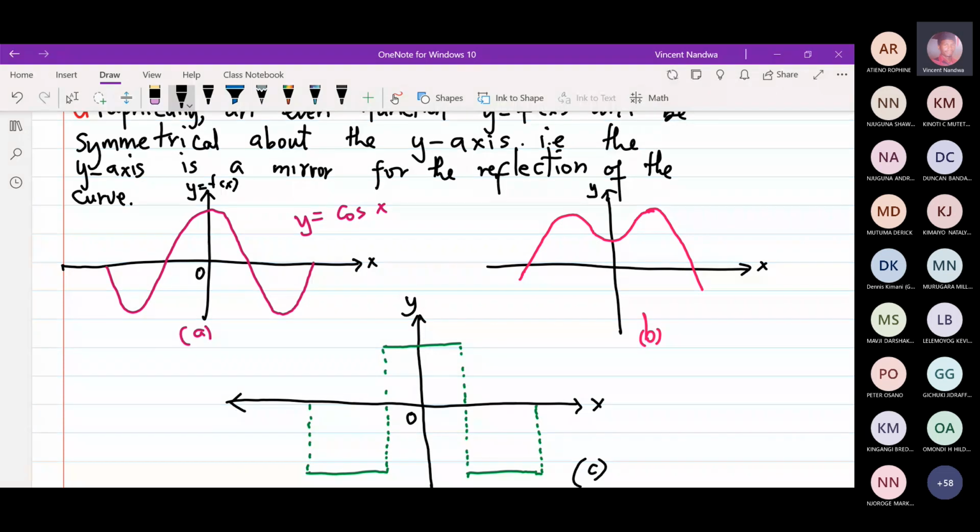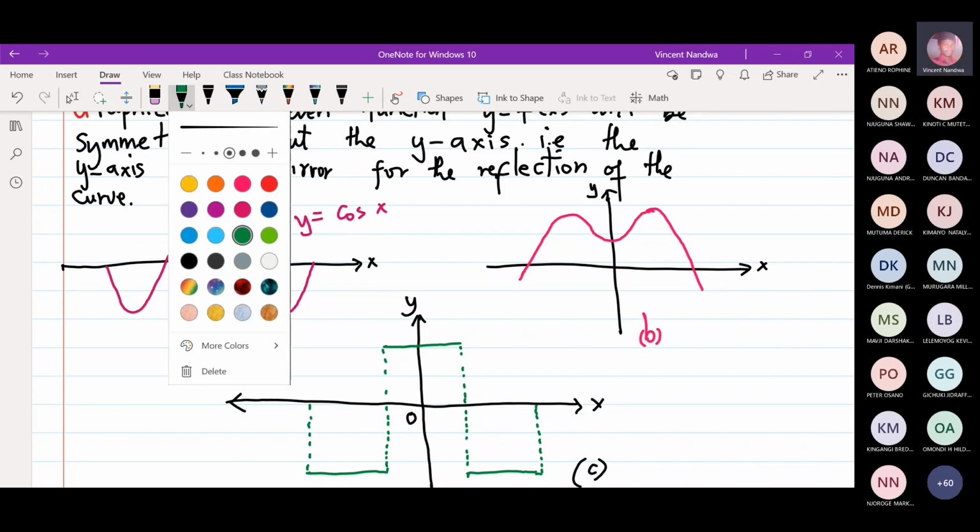Another interesting thing is that if you integrate an even function between minus alpha and positive alpha, it is the same as twice the integral from 0 to alpha.